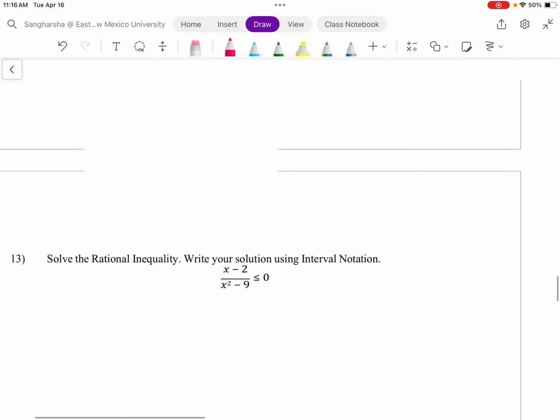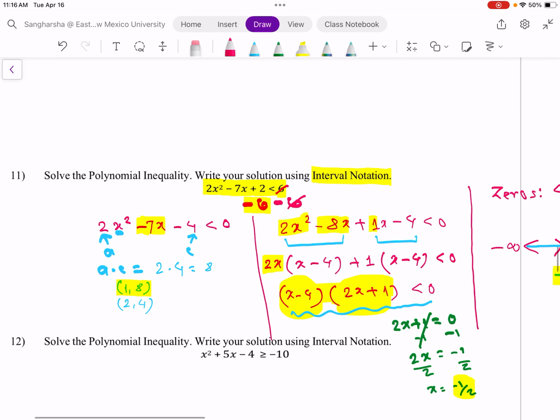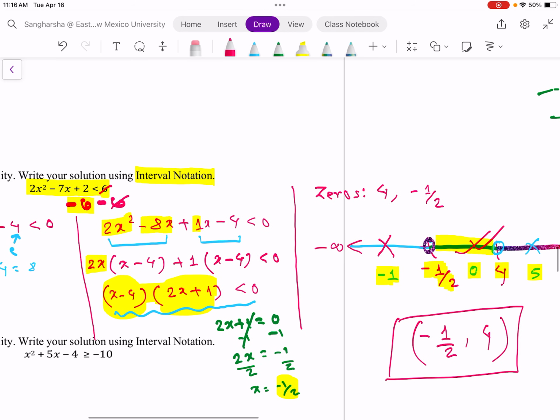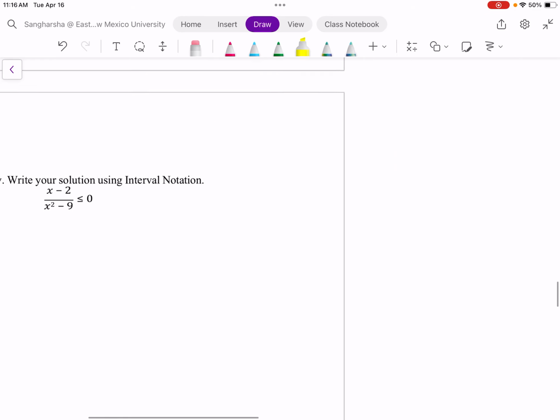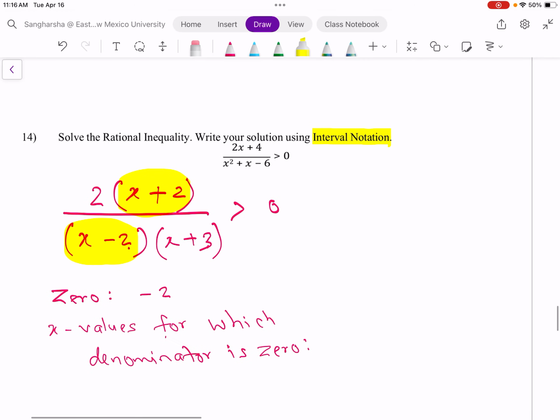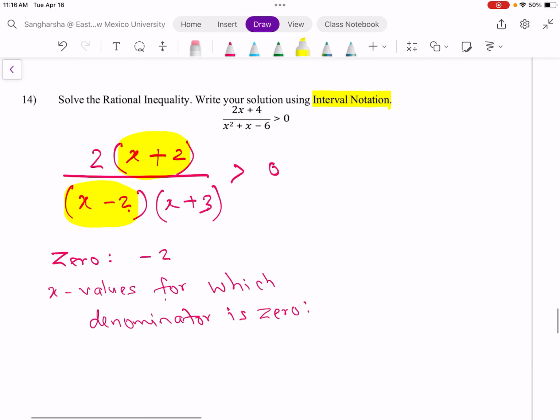If we go back here, in the polynomial function we just found the zeros, right? The polynomial function doesn't have a denominator, we only find the zeros. But in the rational function or the rational inequality, we have the denominator and we have to include the number that makes the denominator equal to 0.